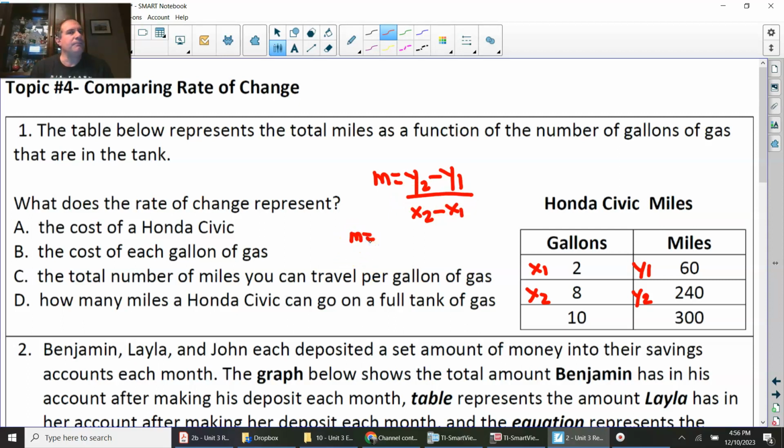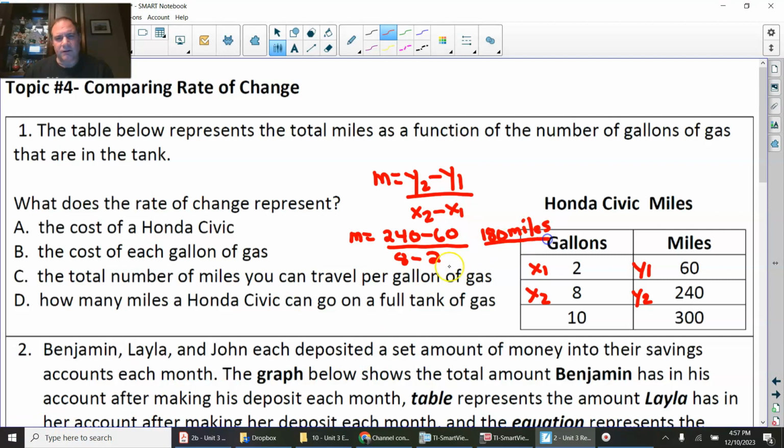I don't know if it's going to help you, but this is what helps me. So 240 minus 60 over 8 minus 2. So 240 minus 60 is 180 miles over 6 gallons.